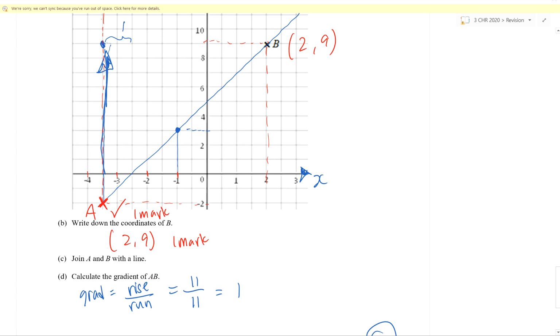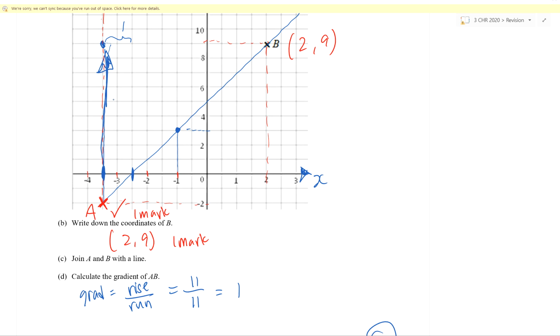Because from here, this is -3.5 to this part is -2.5. Basically, every square that we see is half a unit. Can you see that? From the x-axis, every 1 square is half a unit. So 2 squares must be 1 unit.